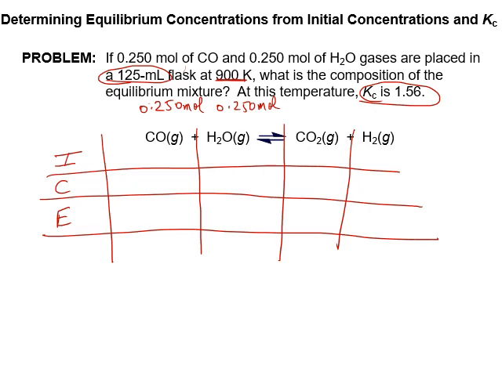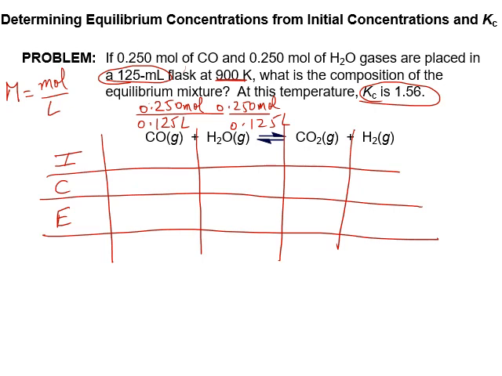Remember, in an ice table, the only number that is added is molarity. It has to be concentration. You cannot use moles. What's given to me here is moles, which means I have to convert it into concentration. Molarity, which is moles over liter. Milliliters are given, so I convert that to liters. That would give me this.